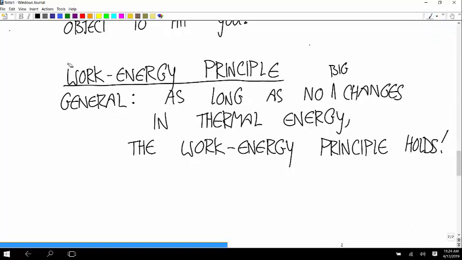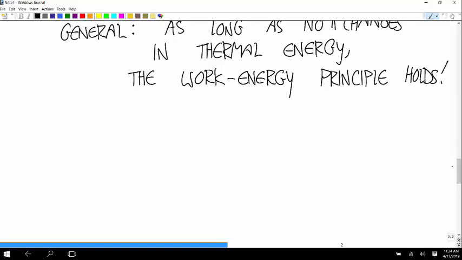And the work energy principle says the total work done on an object is equal to the change in kinetic energy. It's so simple.